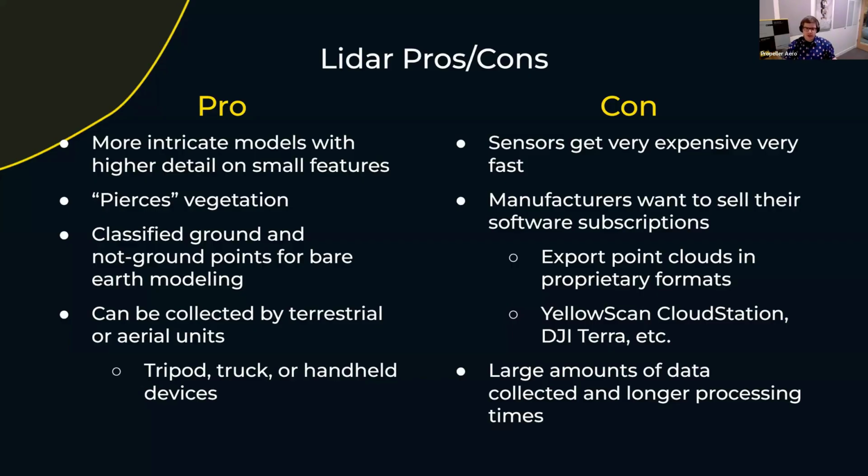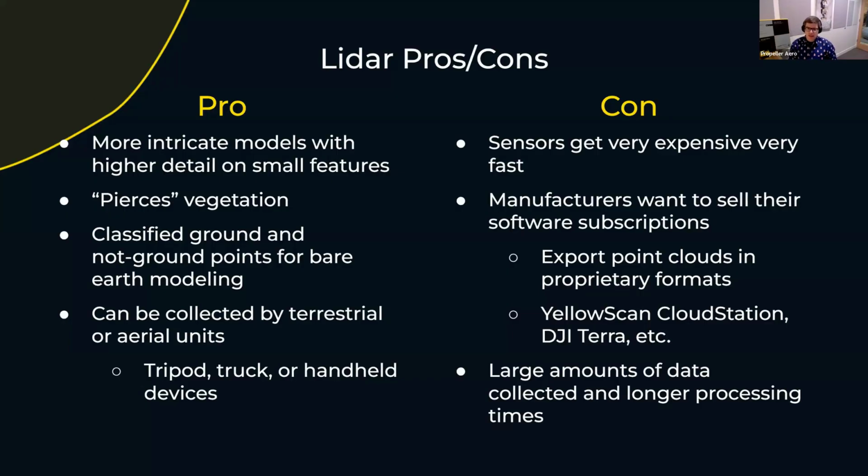And when it does so, we actually classify the ground and not ground points so that you can just remove all of the not ground points from the model to see the bare earth. The other thing, and this is becoming more and more common, is that there are multiple ways to capture LiDAR. Tripod units, truck units, handheld devices, mounted on an airplane, mounted on a drone, on a helicopter, all that kind of stuff.